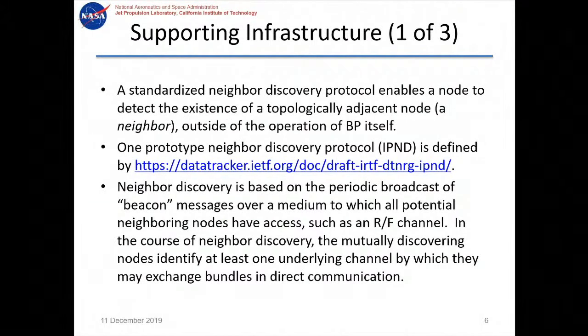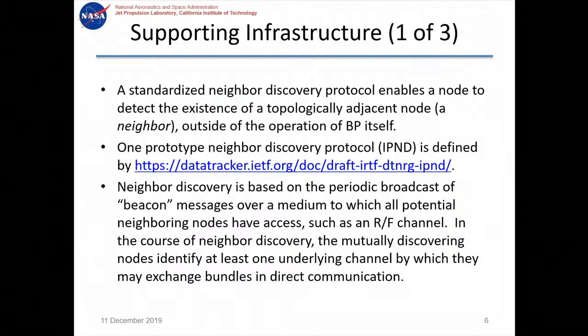So we have some support for this concept in existing work. I'll talk about three sort of classes of supporting infrastructure that I think will help make this DNAC idea feasible.